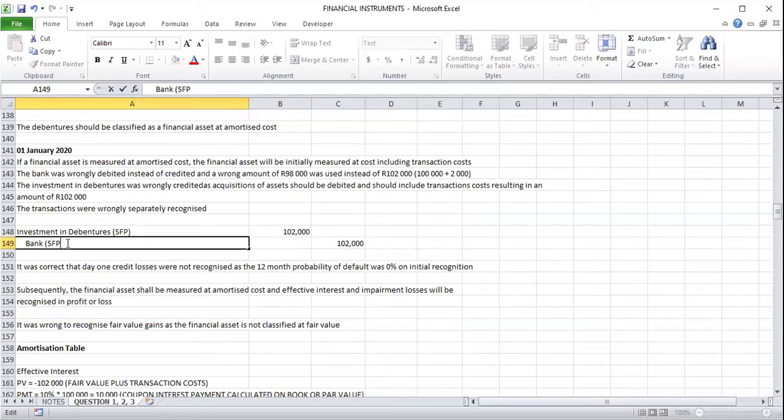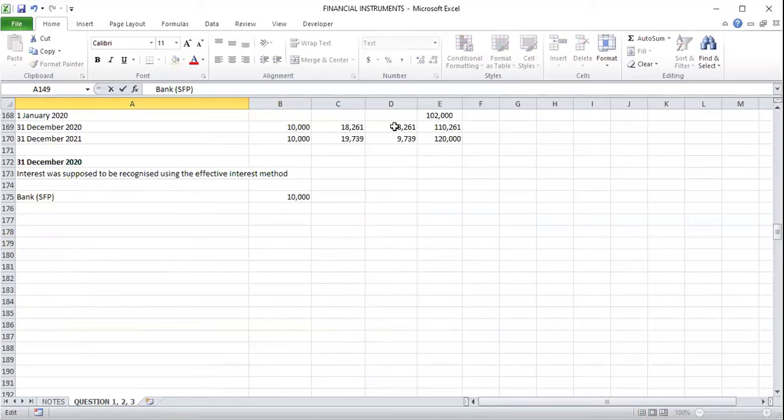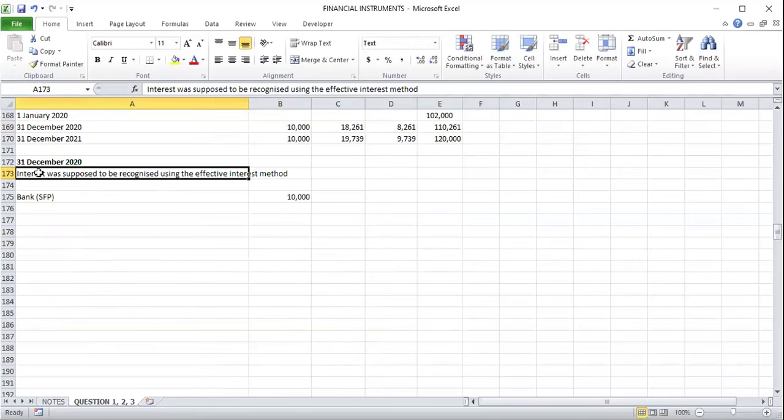Then, since our investment is growing, we're supposed to recognize capital growth, which was not recognized.